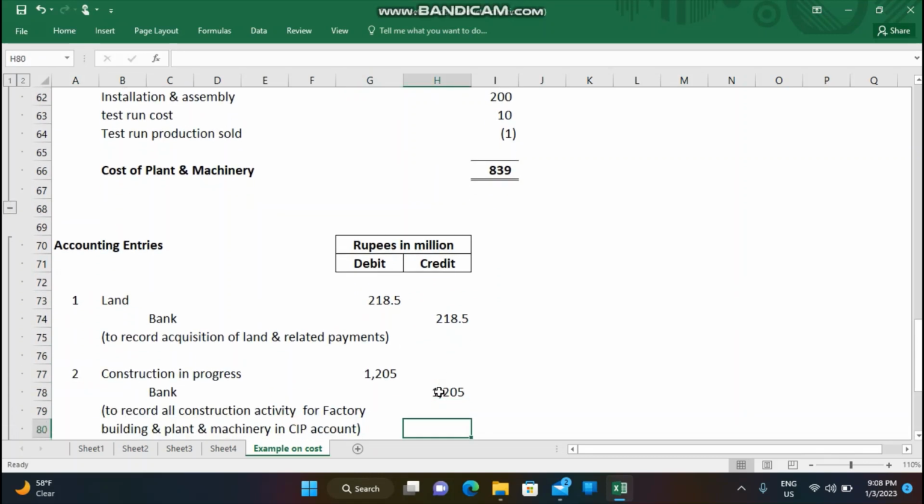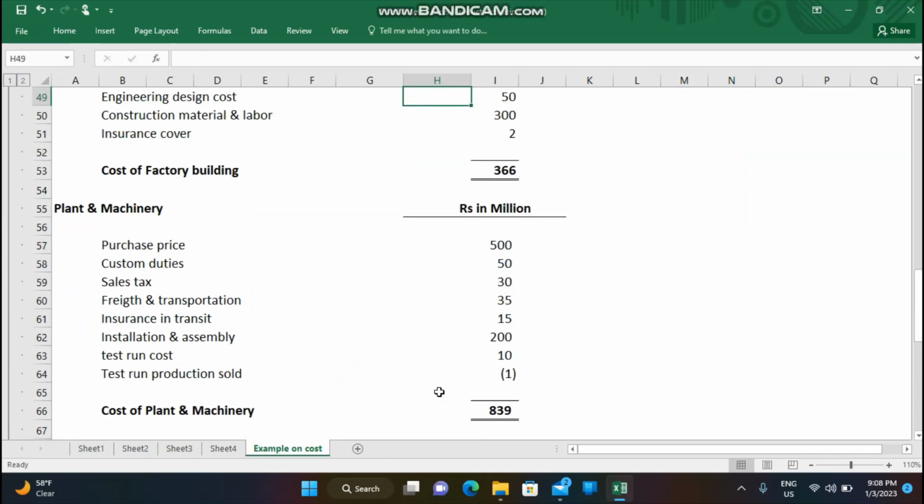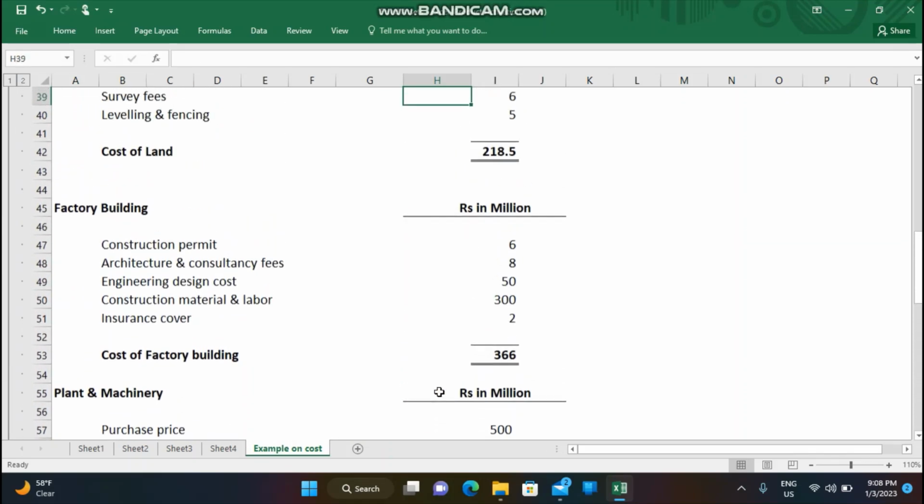Now come to the second entry, which is related to the factory building. It's not the case that in one day we build this factory building. All these transactions are happening over a period of time.